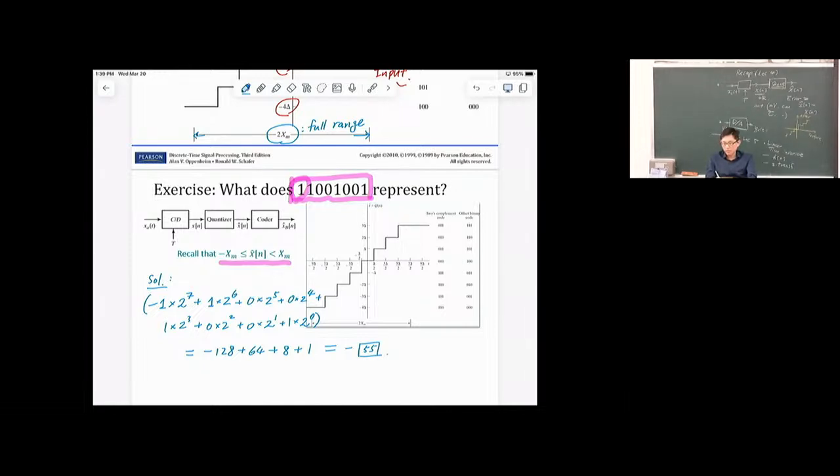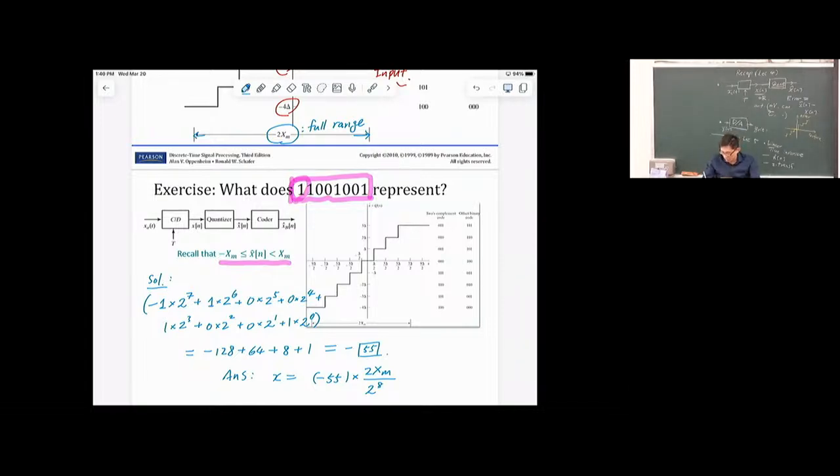But then, of course, this number represents this integer, but going back to analog, we need to multiply 55 by the step size. So the answer is x equals minus 55 times our step size, which is 2xm, the full range, divided by 2 to the number of bits, which is 8.